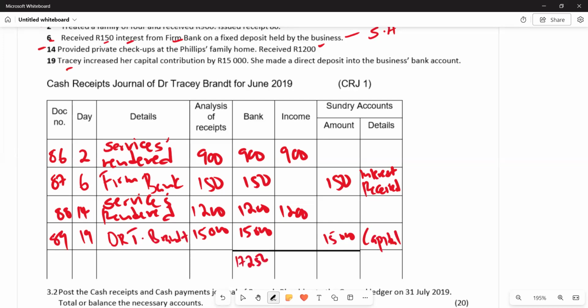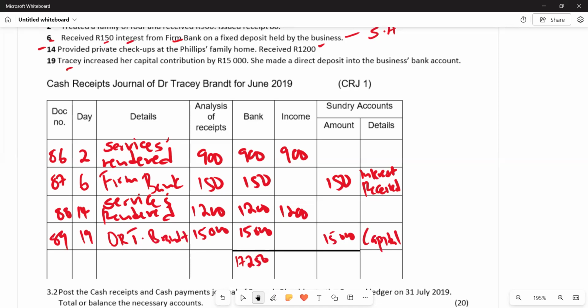Let's verify that calculation: 900, then we add 150, then 1,200, and then 15,000. Then we get 17,250, which is correct.